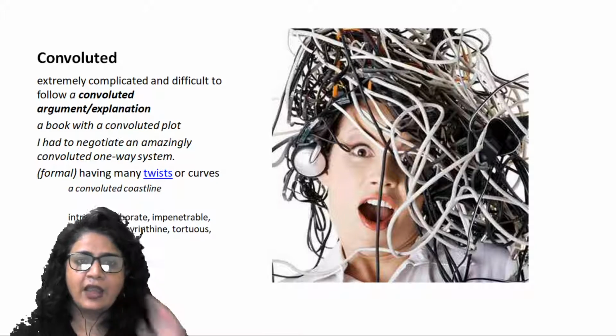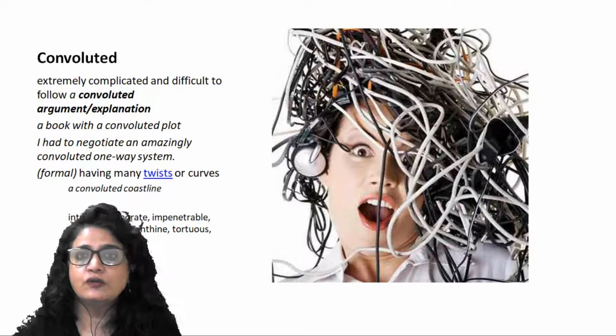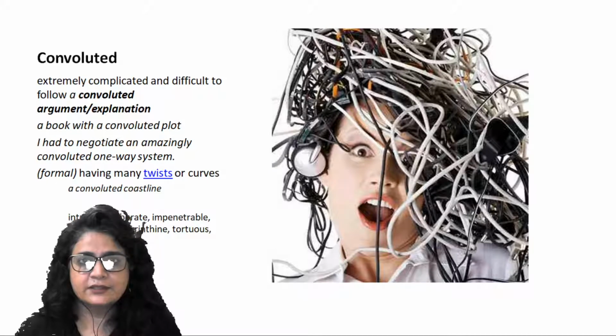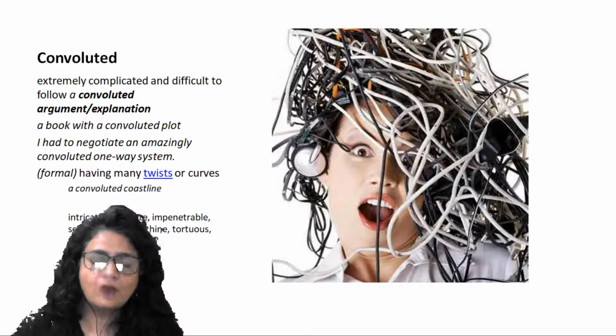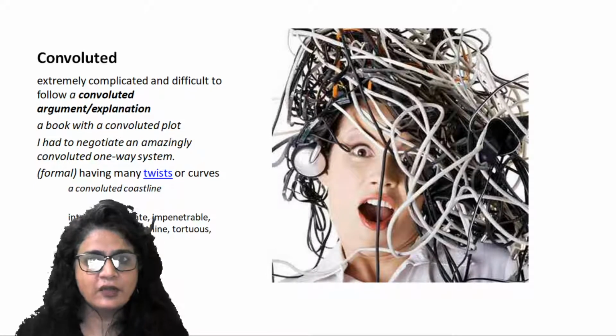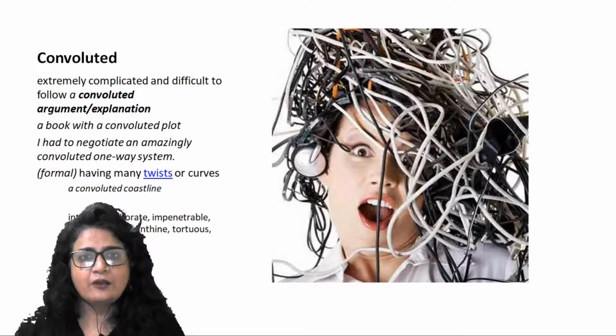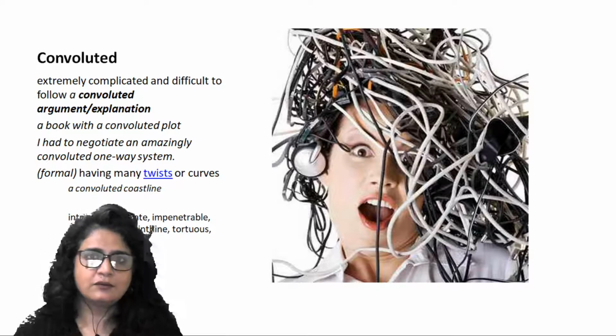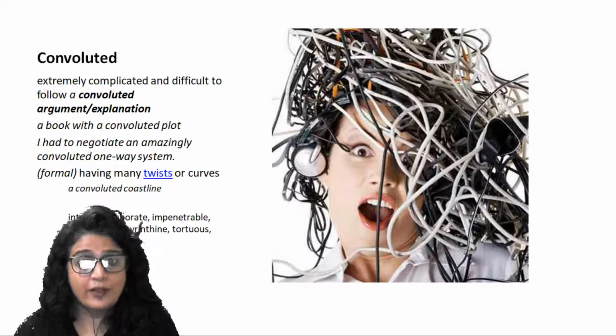All right, having many twists or curves, a convoluted route when you go on mountains, right? So you have convoluted routes to follow to reach your destination. They are not straight, they are not plain, they are convoluted, right? Convoluted wires here.